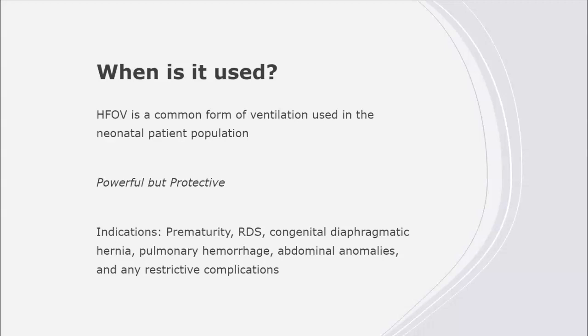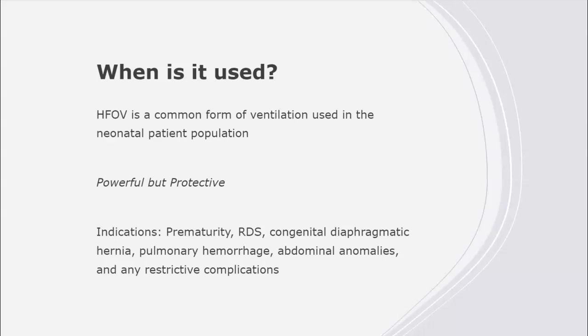But then as we relieved and tapped that stomach, I was dropping those pressures like crazy. That's why we chose the oscillator, because not only was I able to protect the lungs, but I also had that pressure to keep the lungs as open as I could to help ventilate and oxygenate that baby while we relieved the abdominal issues.